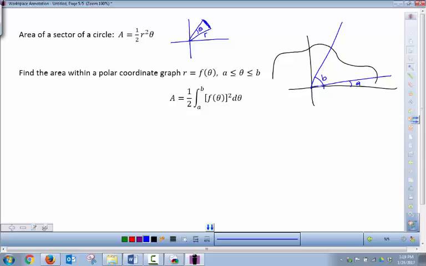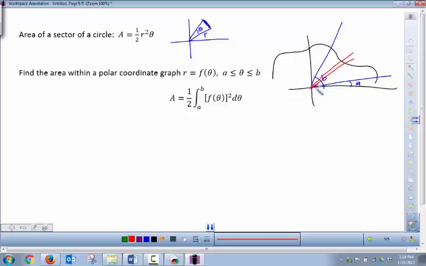Without going through the whole Riemann sum story again, we can just take a look at a representative slice. It's clear that we're taking steps by angles, so the angle is going to be d theta.